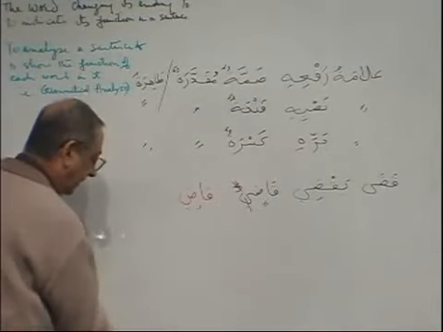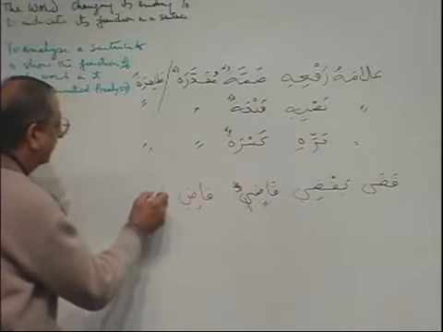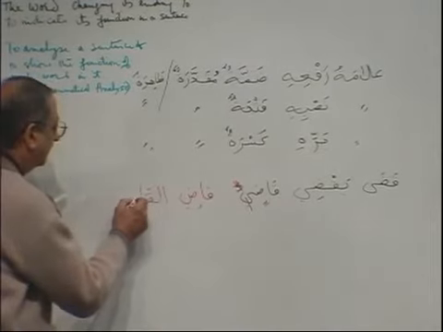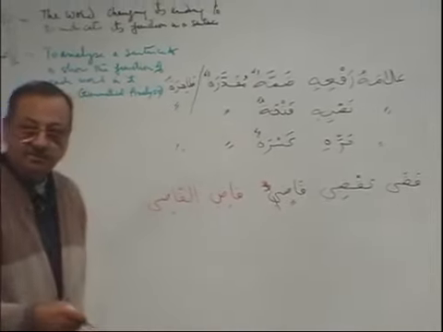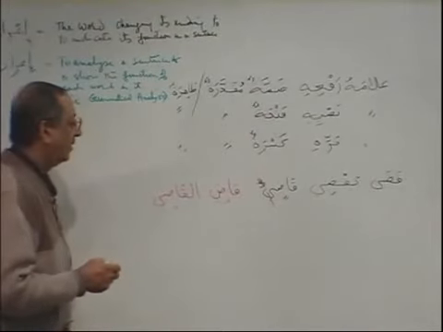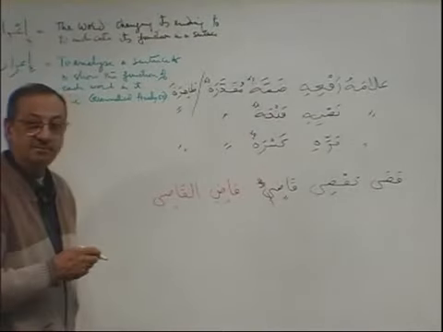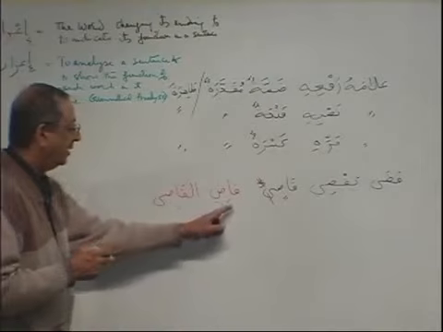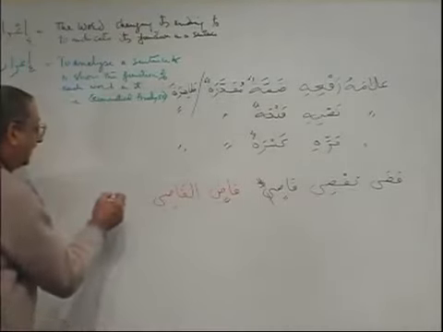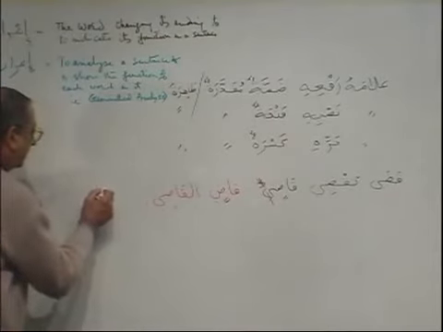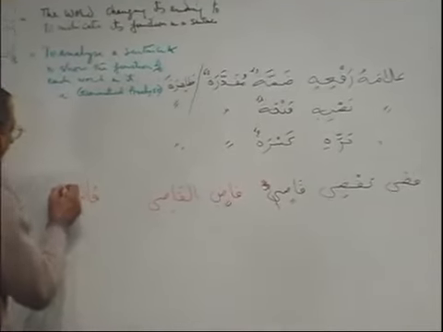But when you make it definite, it will become al-Qadi. Are you with me? Fine. Now, brothers and sisters, if you make Qadin mansoob, then the ya will open up: Qadiyan.